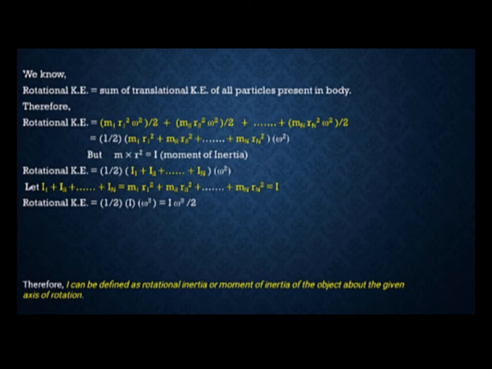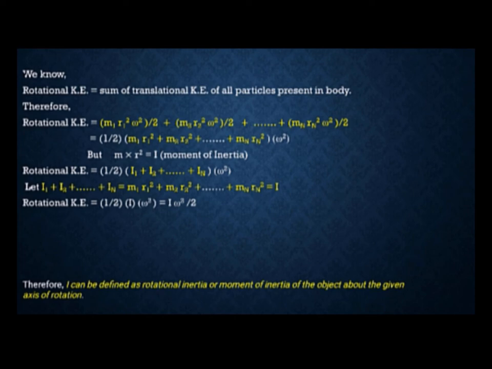Here we get half and omega square as a common part, and the remaining part is m1 r1 square plus m2 r2 square plus, and so on, plus mn rn square. But we know that m into r square is equal to I, which is moment of inertia.